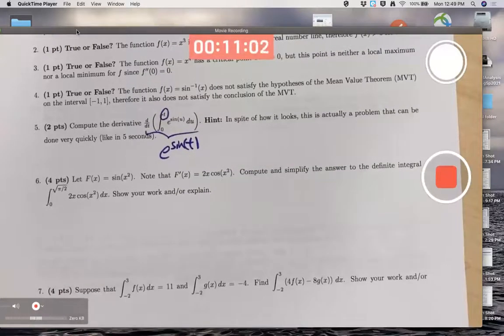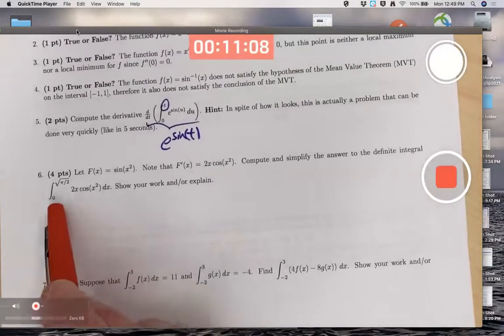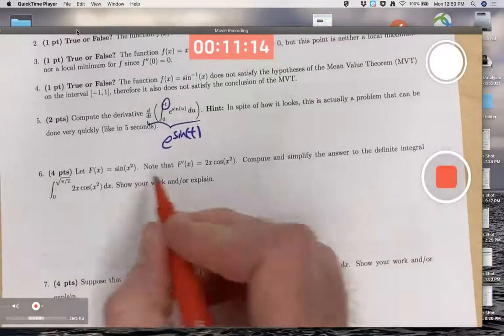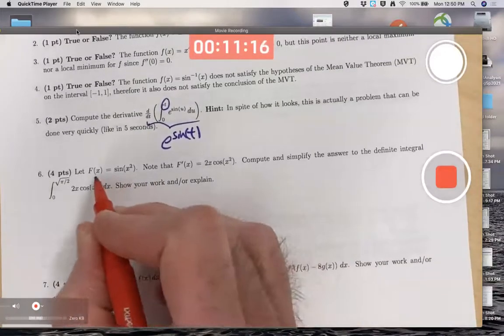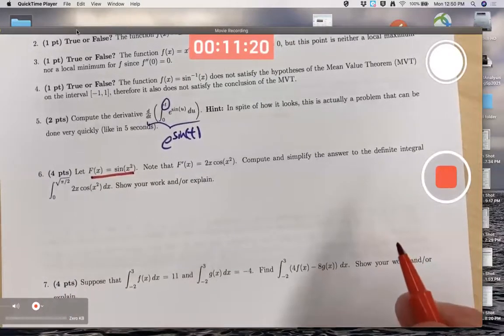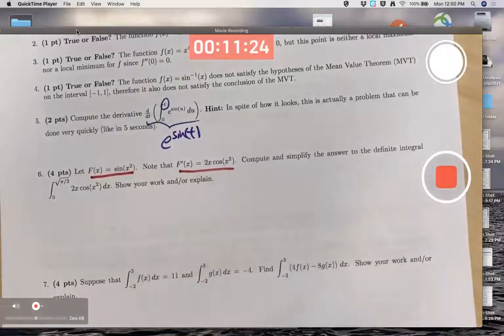But let's talk about the types of problems that you should be able to do because we have talked about them. This one looks hard. It's supposed to evaluate that integral. However, I give you a hint in such a way that it's actually easy. I say that notice if capital F is sine of x squared, then its derivative you should be able to compute by the chain rule is this, 2x cos x squared, right?